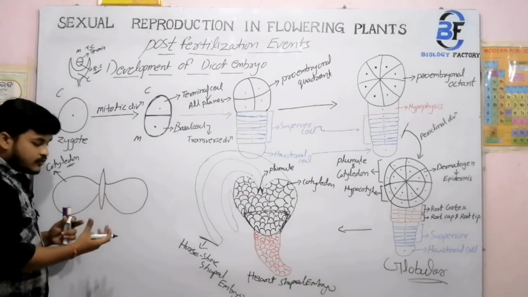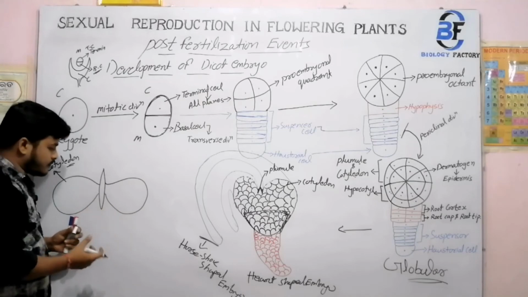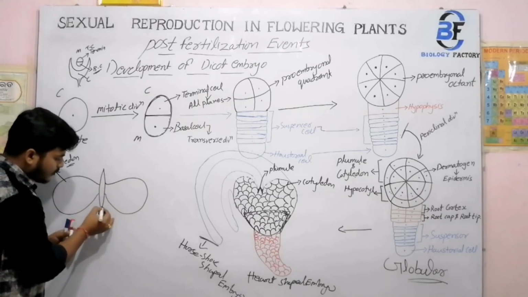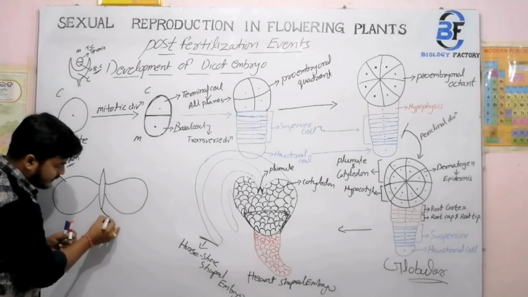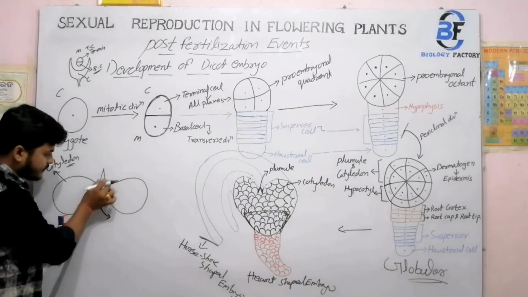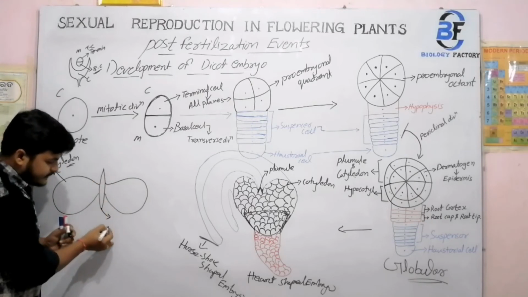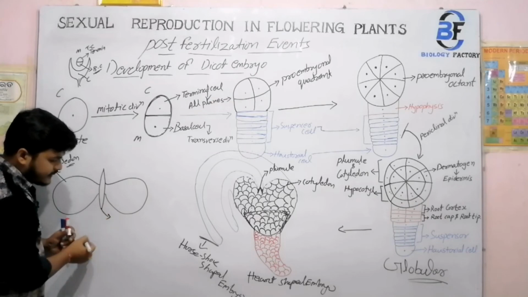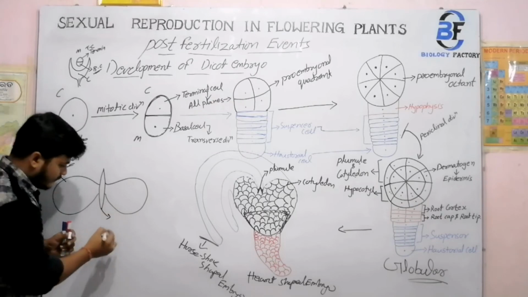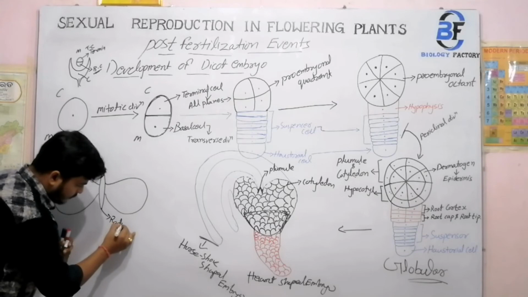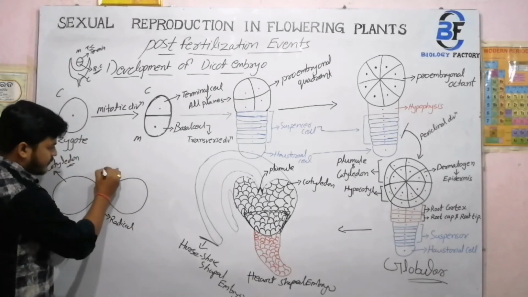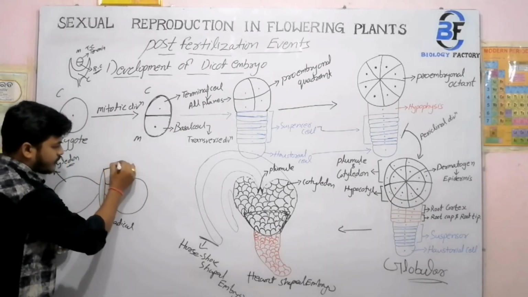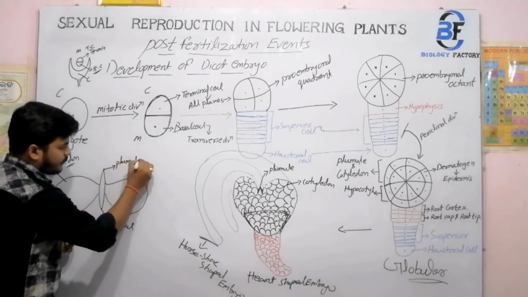We are studying the structures which are formed. The lower part, that means the lower tip, is your embryonal axis, and the lower tip is known as your radicle, and the upper tip is known as your plumule.